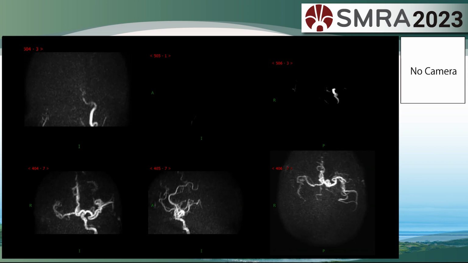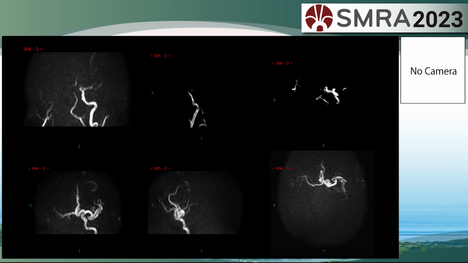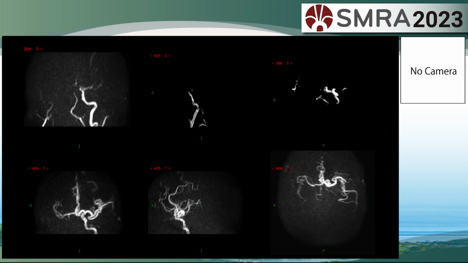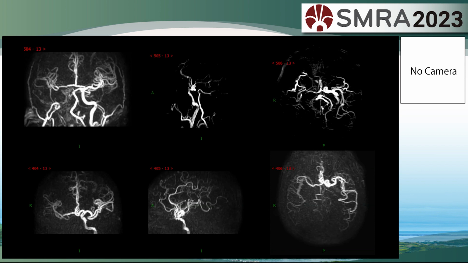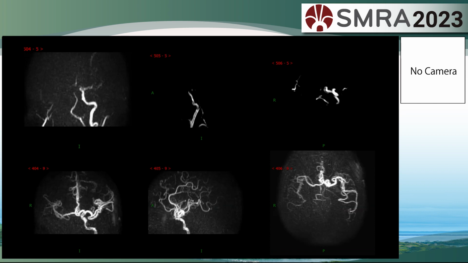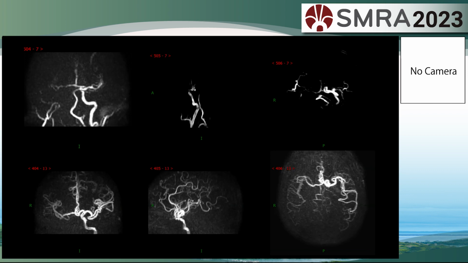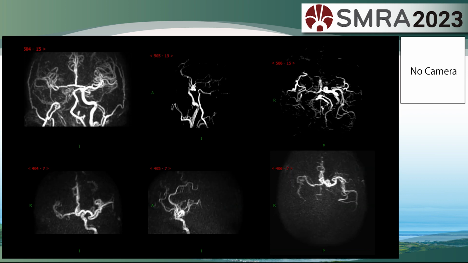The above pictures are from 4D PEC, and the below pictures are from 4D SPEC. By labeling the left ICA, we can see the primary collateral circulation via the ACoA.